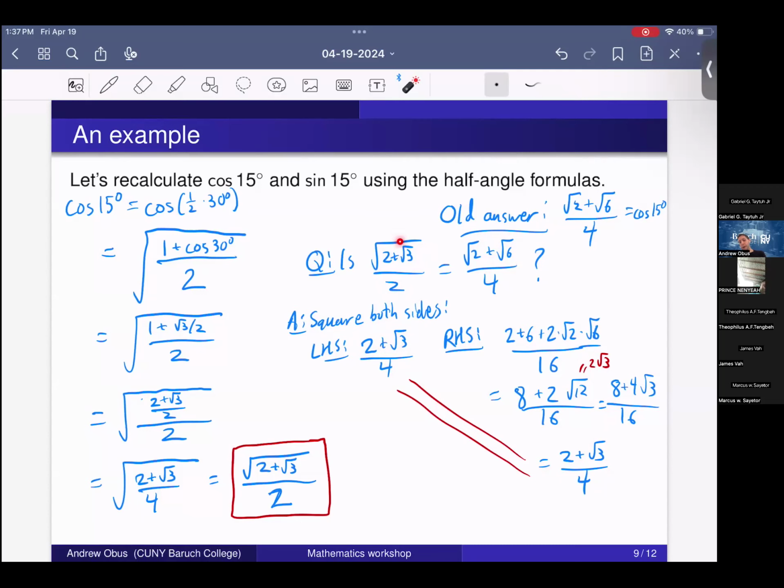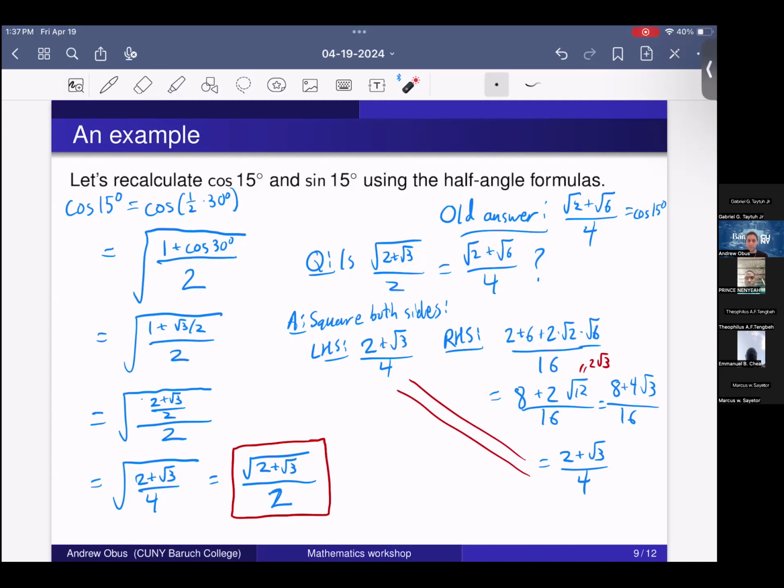You can check with a calculator that both of these are basically 0.956. Great. So you have to be careful with these square roots, that things can look different but really be the same.